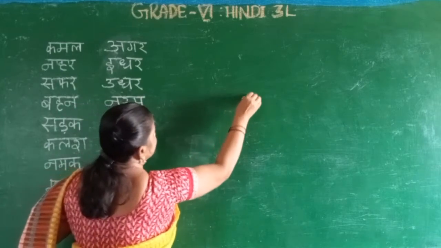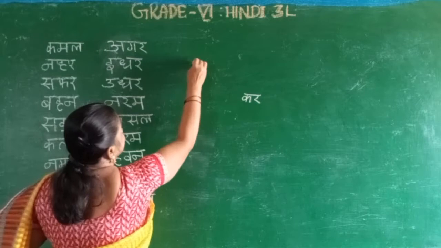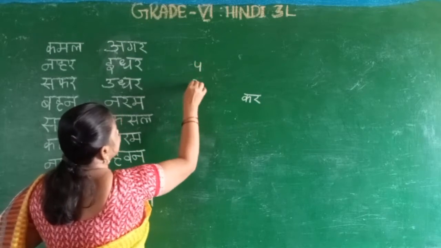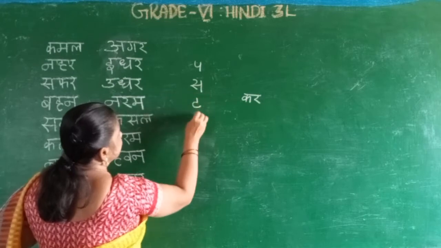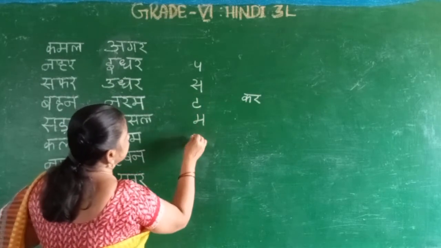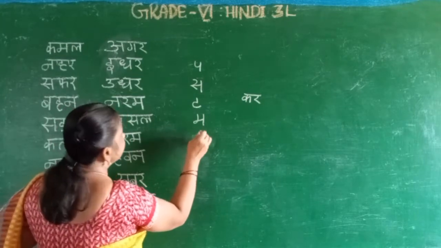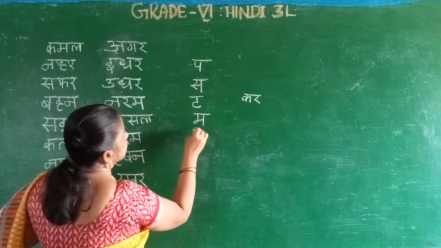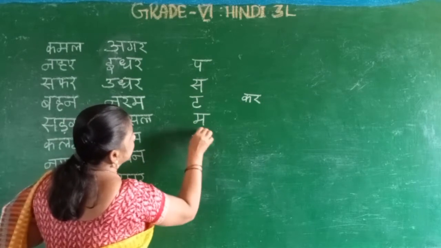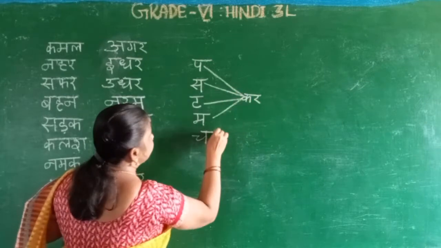Now see one exercise: join the letters and make new words. Here kar is there. Now pa, sa, ta, ma, and cha, and some words. This is for your reading practice.